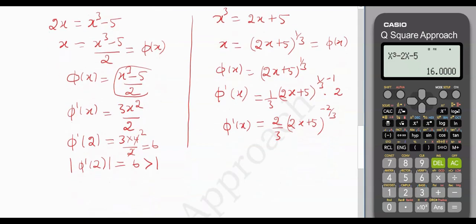Now in the calculator, 2 by 3 into (2 alpha x plus 5) whole power minus 2 by 3.